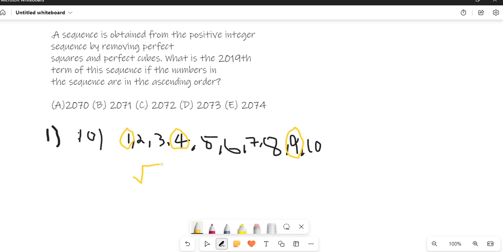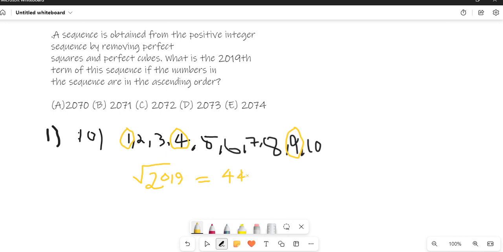We just take the square root of 2019. This will give us the number of perfect squares before 2019, and if we take the square root of 2019 using a calculator, we will get 44.9, and we should always round it to the whole number.